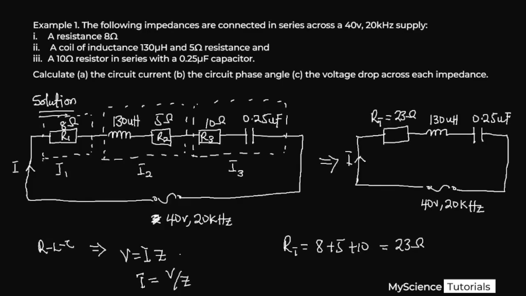The formula for finding impedance is the root of resistance squared, which in our case is RT squared, plus the bracket XC minus XL, squared. We already have our resistance, R total, but we do not know XC and XL. These are what we need to find first, and after finding them, we can go ahead and find the total impedance.